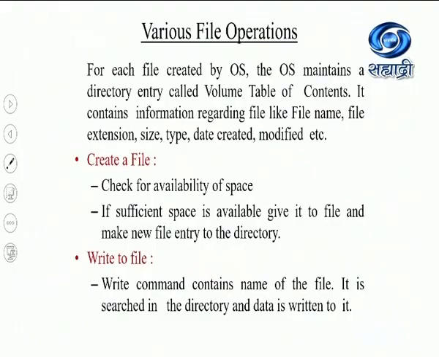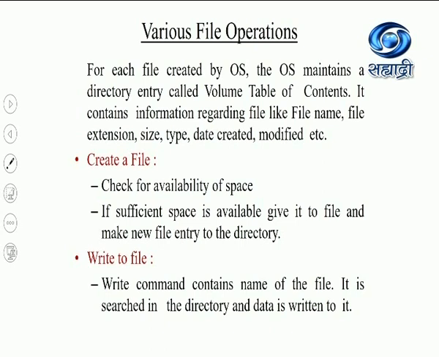So let's start. Students, we have seen that information management system module comprises of two main things, that is file system and device drivers. In the last lecture, we have taken some information about file system. Now let us see various file operations.